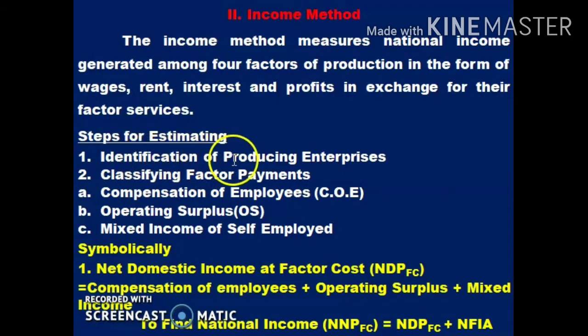So what is the identification of producing enterprises? We have 3 sectors of our economy: primary sector, secondary sector and tertiary sector. Classifying factor payments means what are the factor payments? Compensation of employees.